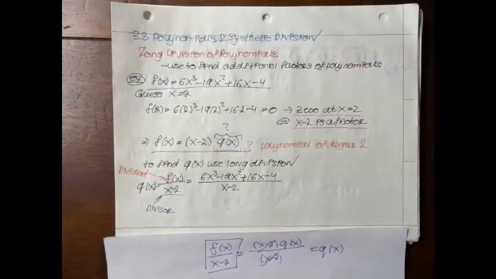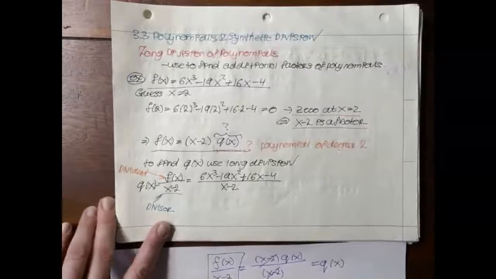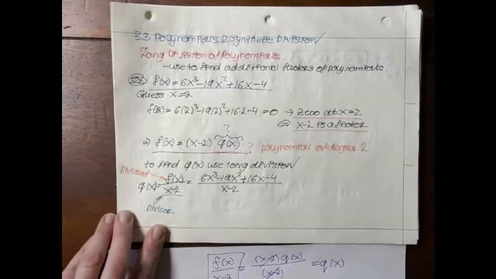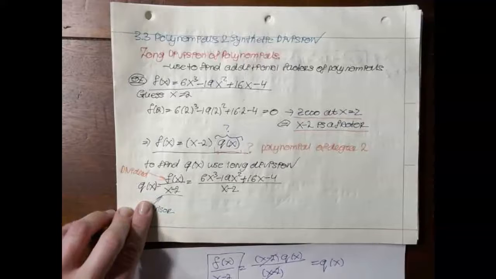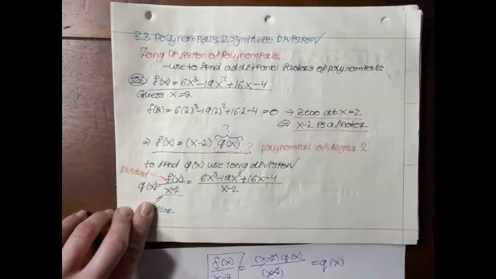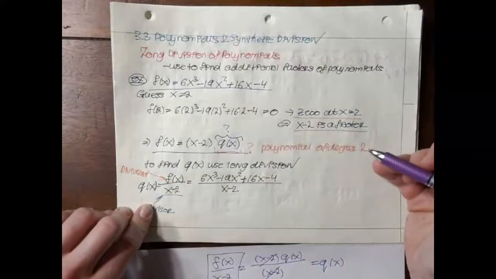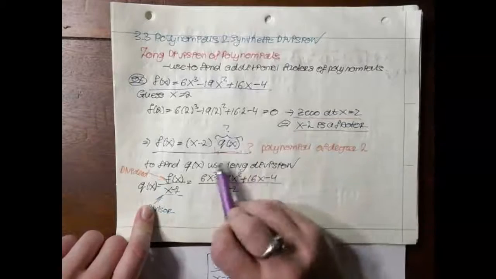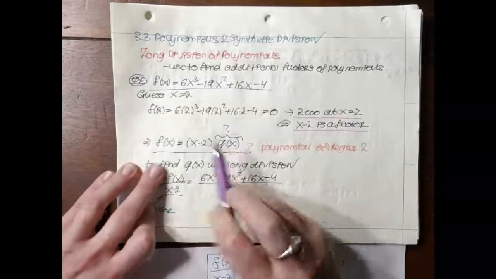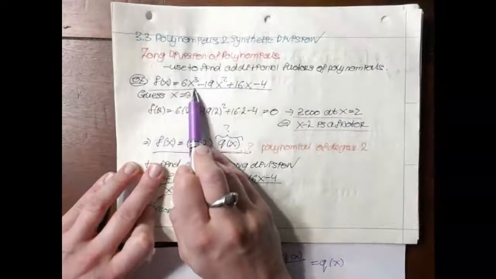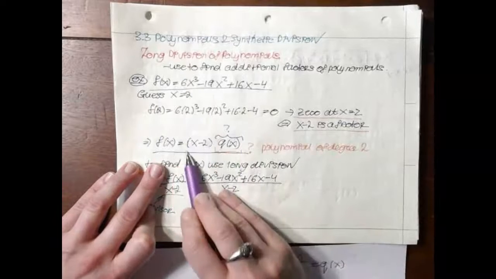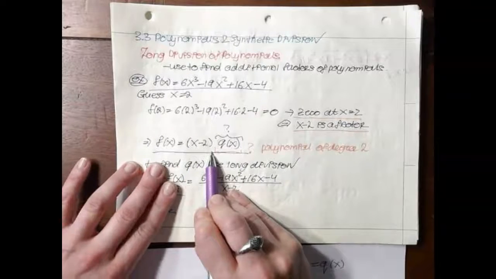And so let's look at the example we were talking about earlier and try to divide this to find our unknown q of x. This would help us factor and find all of the zeros of this polynomial function. Because if I find this q of x, f of x is a polynomial of degree 3. X minus 2 is a polynomial of degree 1.